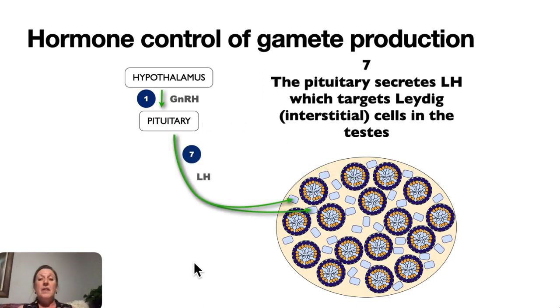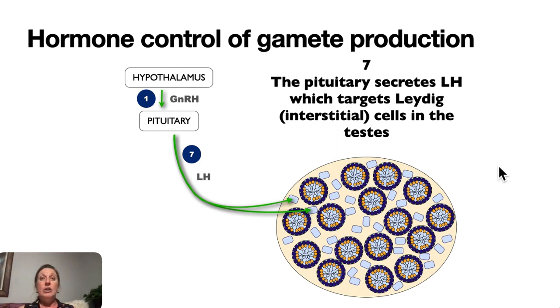Okay, now the other thing that's produced by the pituitary is called luteinizing hormone. Luteinizing hormone is produced by the pituitary, received by these cells called the interstitial cells. That means they're in between the seminiferous tubules. They also are sometimes called Leydig cells.